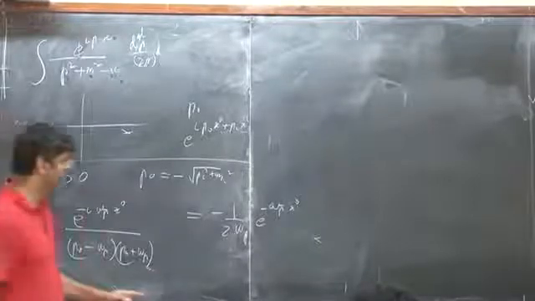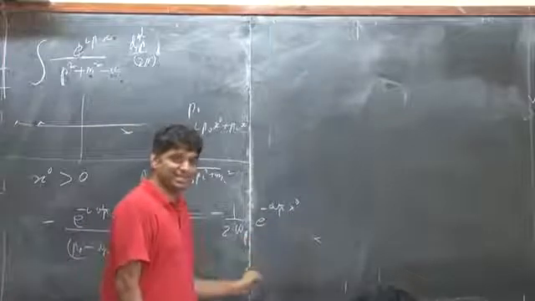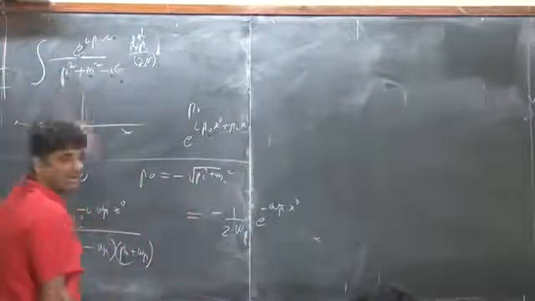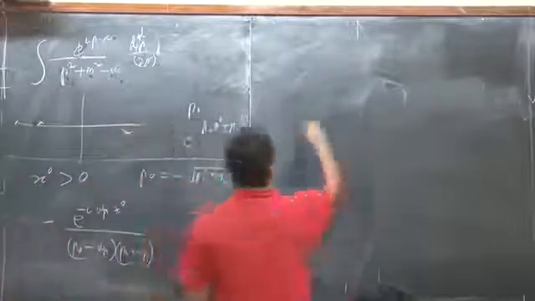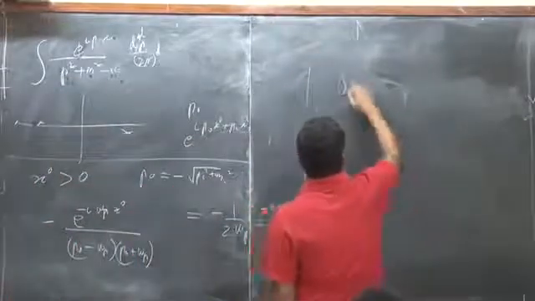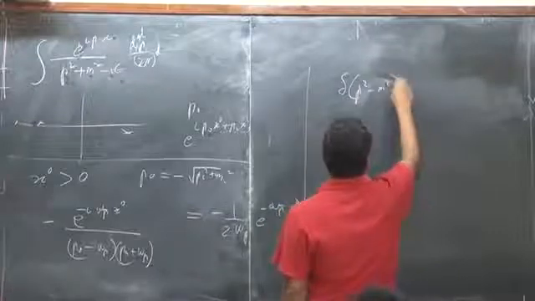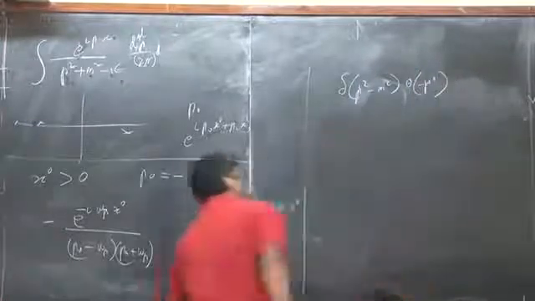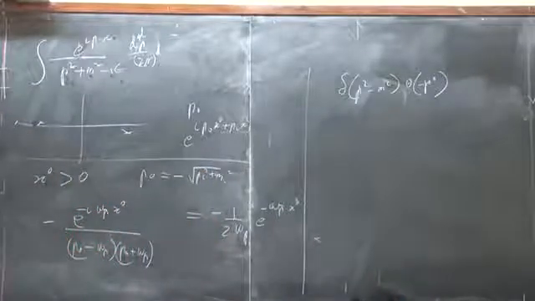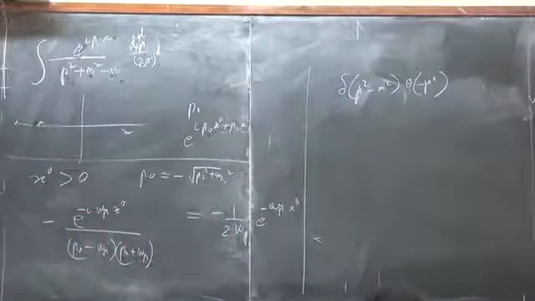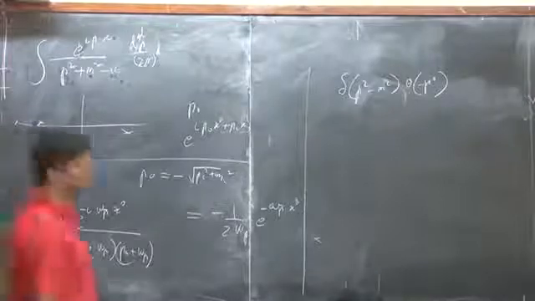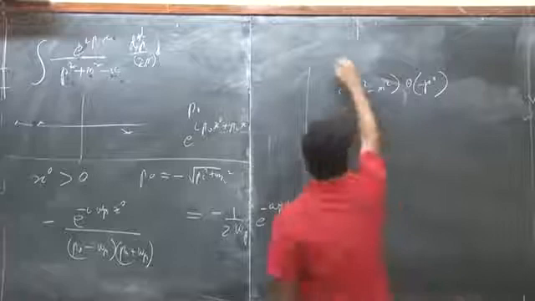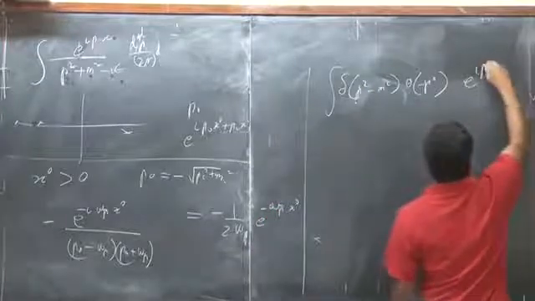Now you see that we will get exactly the same answer if instead of this quantity here, we use the quantity delta of p squared minus m squared times theta of minus p0. Suppose we do this integral for x0 not greater than 0, e to the i p dot x.